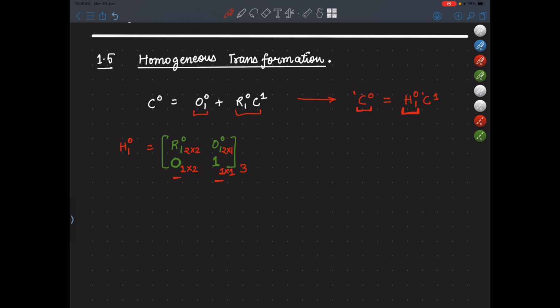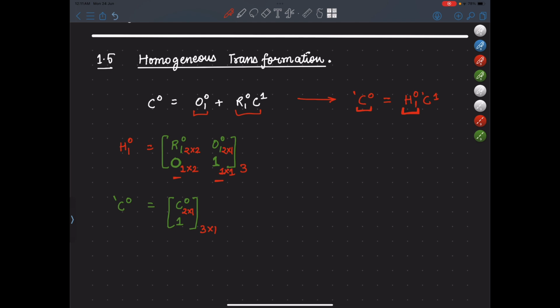Now let's see how we represent the homogeneous coordinates. C naught prime will be given by C naught and an extra one. We know that C naught is just a 2 cross 1 vector, but we add one extra one at the bottom to make it 3 cross 1.